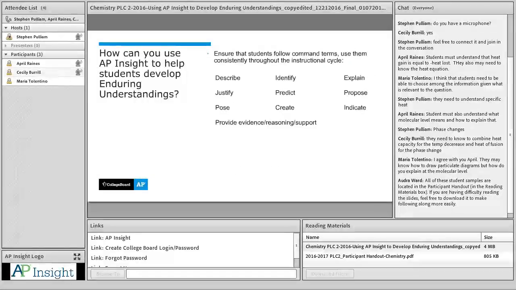Some of it also is so that our students know how to answer a question well and how to provide evidence and reasoning and support for their answer. As we saw in some of those student responses, they didn't do a good job justifying, or they were unclear in their justification at best.